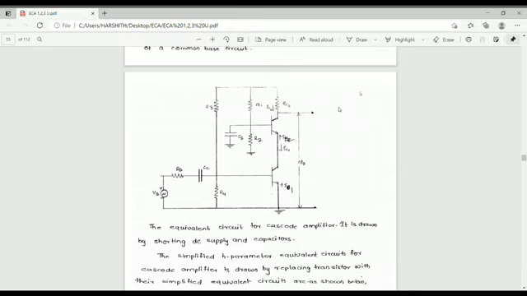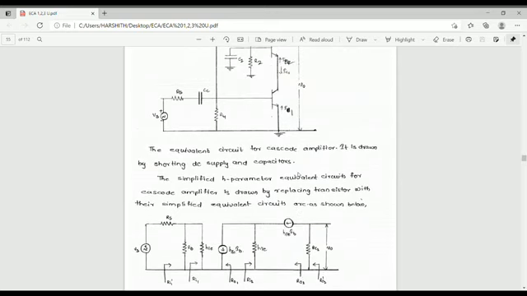This current remains constant regardless of the level of VB2, as long as VCE1 remains large enough for the correct operation of transistor 1.